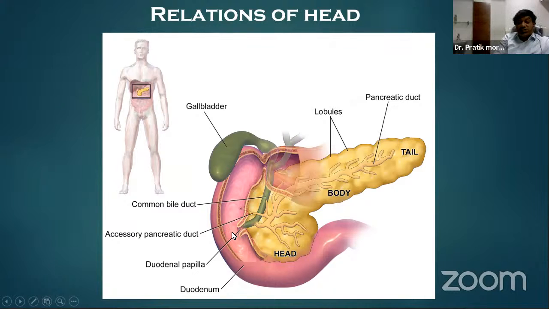It is the most essential process of digestion. The common bile duct enters from behind the pancreas. Understood? Here is the first part of the duodenum, related to the superior border, the second part related to the right border, and the third part related to the inferior border. Simple it is.